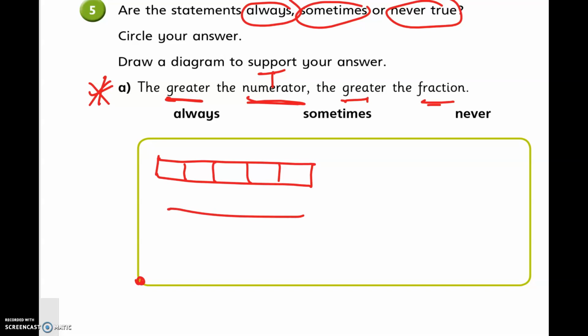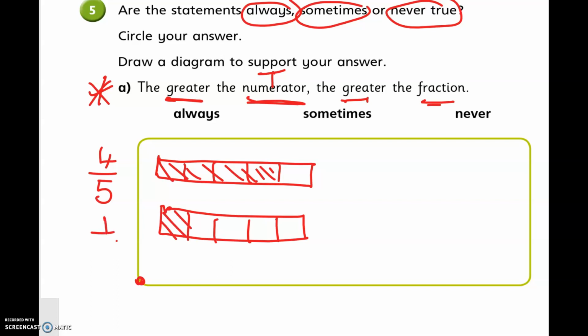And here's another one, exactly the same, and I'm going to divide it into 5 pieces as well. So let's shade in 4/5 of it. Okay, so we're going to say that one is 4/5, and then we're going to shade in just 1/5 here.